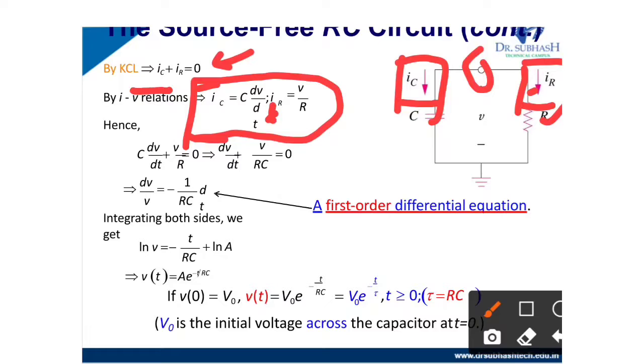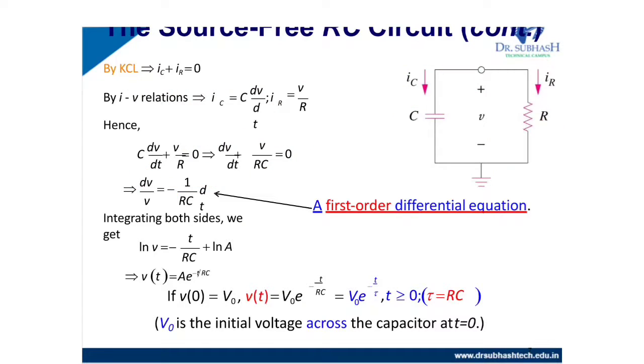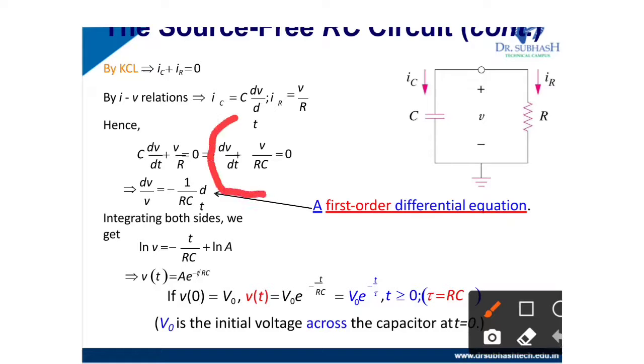After putting the values of IC and IR, the current of the capacitor and the current of the resistor, it is C dV by dt plus V by R equals 0. Dividing every term by C, the C and C cancel, and it becomes dV by dt plus V by RC equals 0.